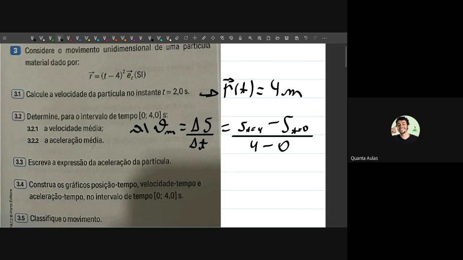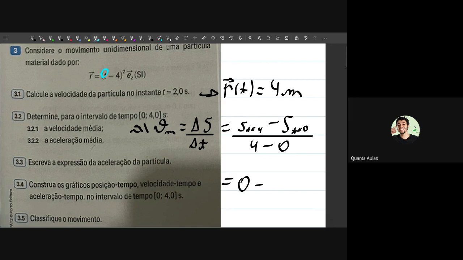But what you need to do now? You need to put 4 in this equation to know this. If you put 4 here, you saw this math will be 0. Yeah, 4 minus 4, 0. 0 squared, 0. Now you need to put 0 in the place of t. If you put 0 here, you have minus 4 to the power of 2.